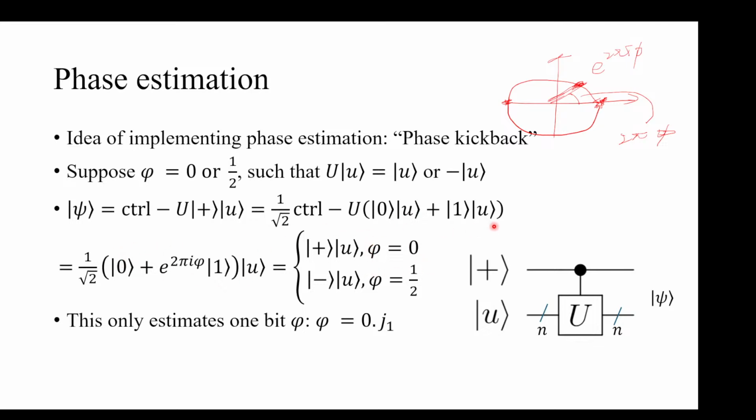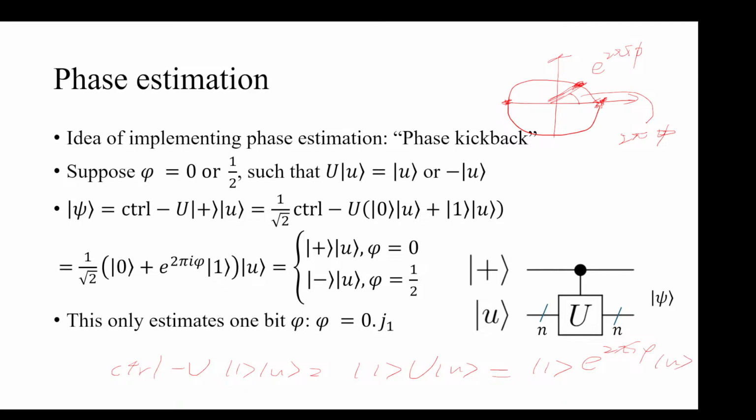But if you have control u on 1u, then it should equal 1, and you apply big U on small u, and this should equal 1 and e to the 2 pi i phi on u.